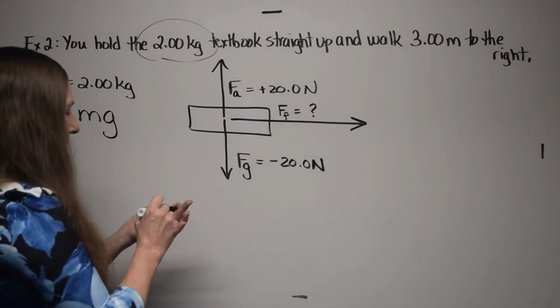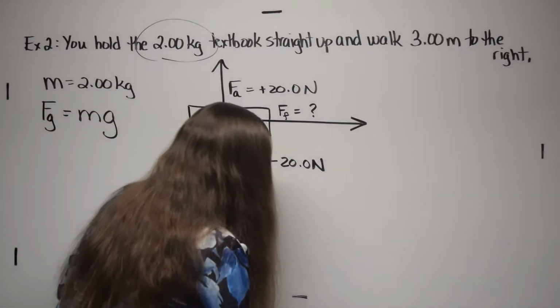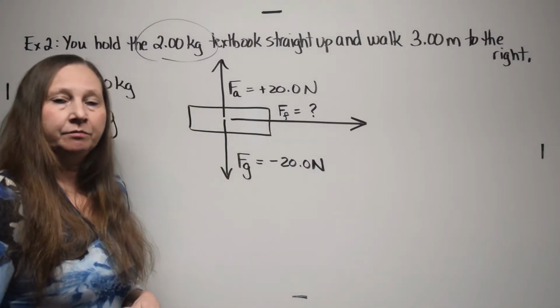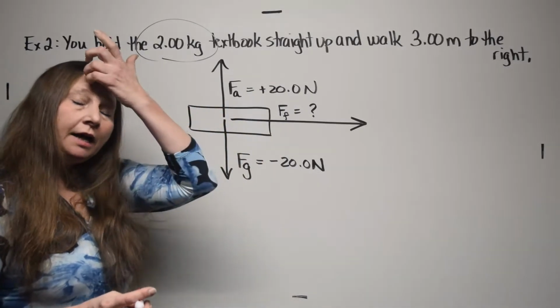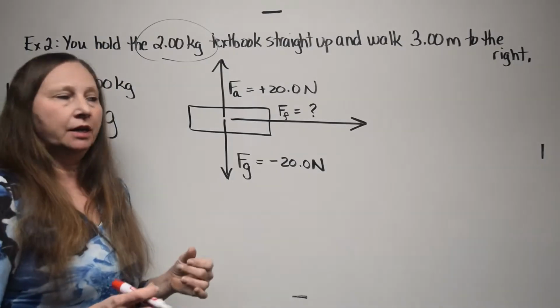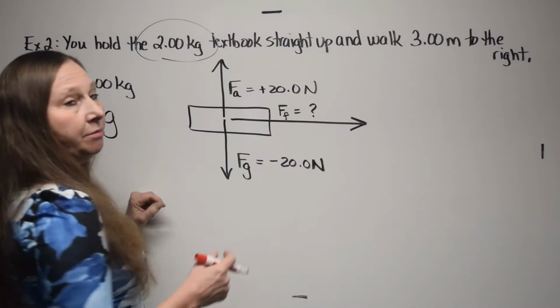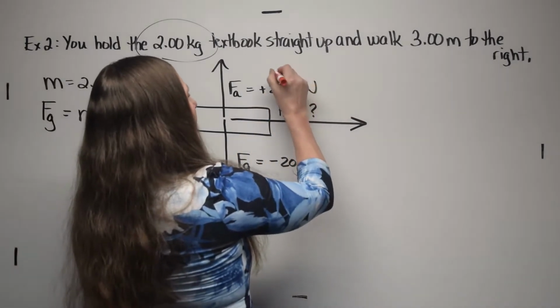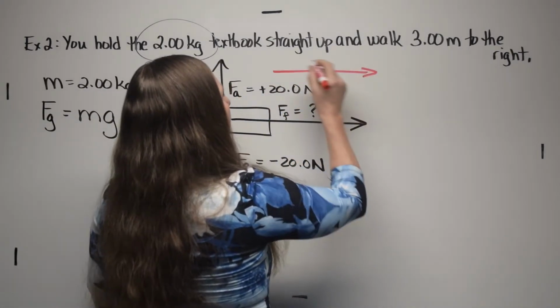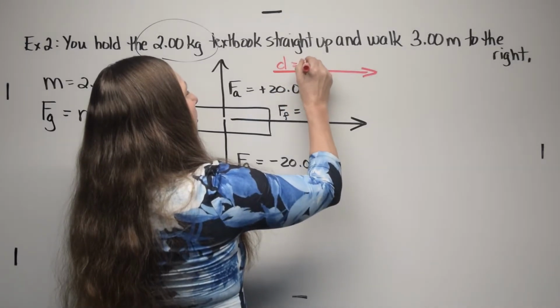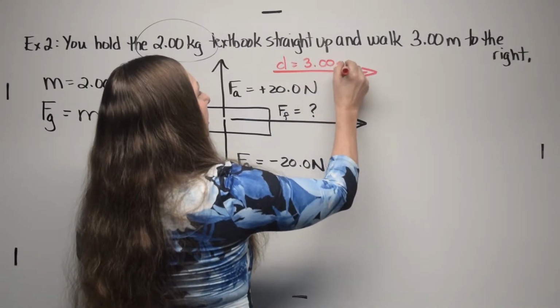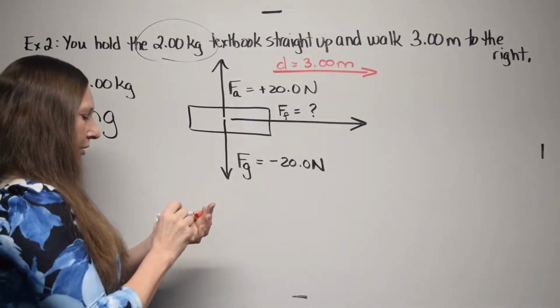Now, the displacement. After you get your free body diagram done, decide whether or not there is displacement of the object and the magnitude and the direction of that displacement. Well, we've got 3 meters to the right. So the displacement in this case, d, equals 3.00 meters, and that is to the right.